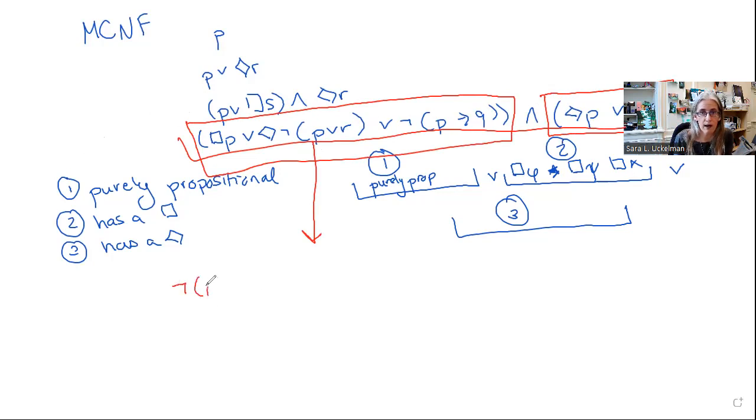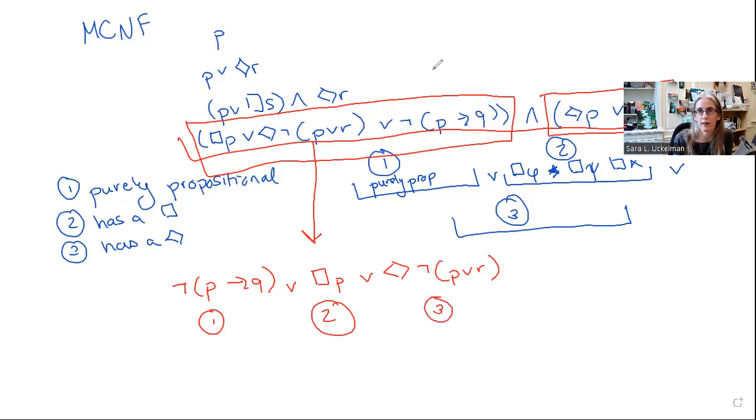So that means I've got not P implies Q. These are the type 1 formulas. And then I'm going to take all of the necessity formulas. We've just got the one, so that's necessarily P. That's the type 2. And then we've got all of the possibility formulas. Again, there's just one. So we have possibly not P or R. And this is our type 3. So that gets us this conjunct.